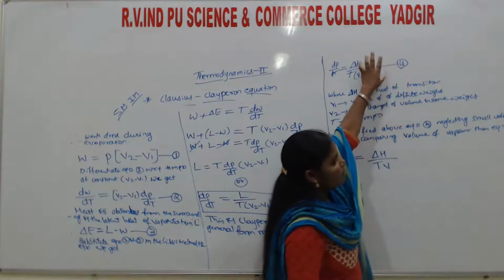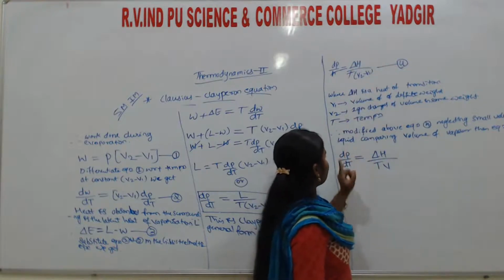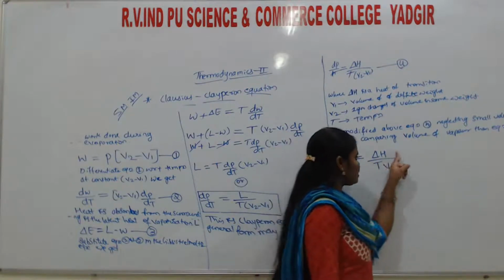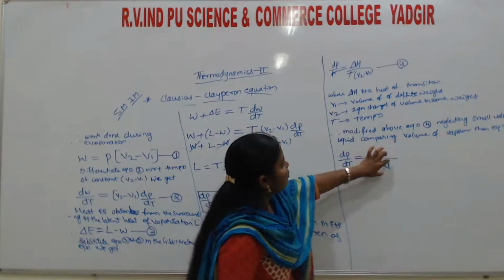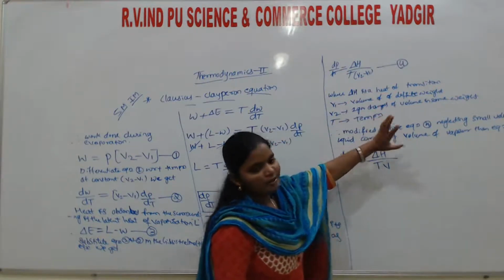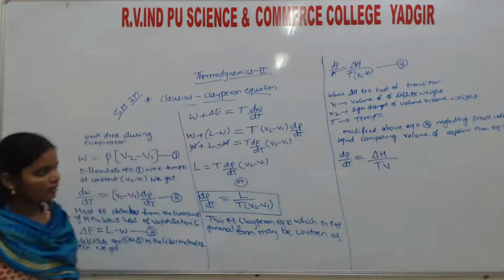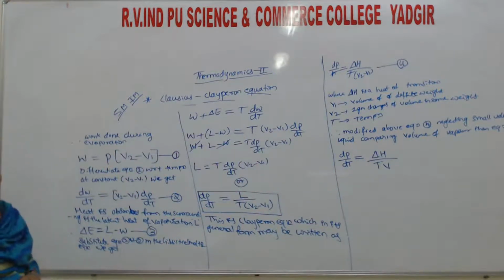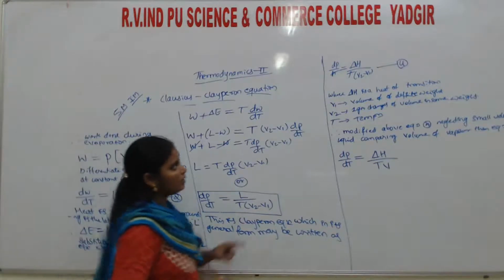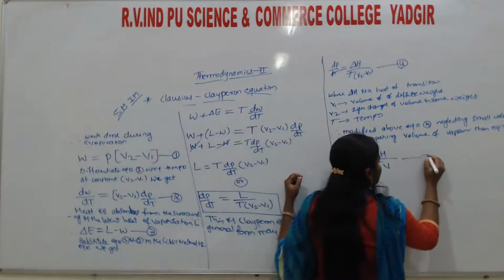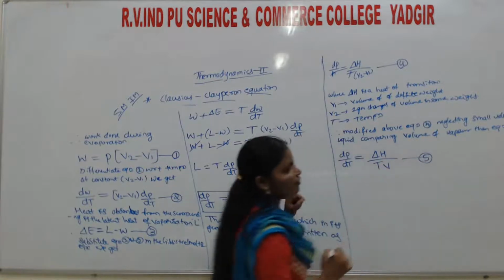Then equation number 4 becomes dP divided by dT is equal to delta H divided by T into V, where V2 minus V1 is neglected in comparison. This is equation number 4 and this is equation number 5.